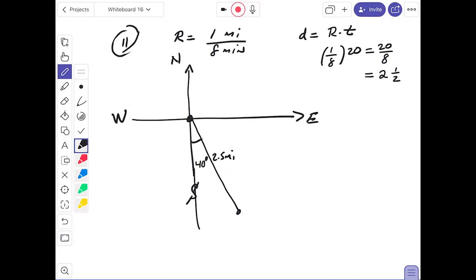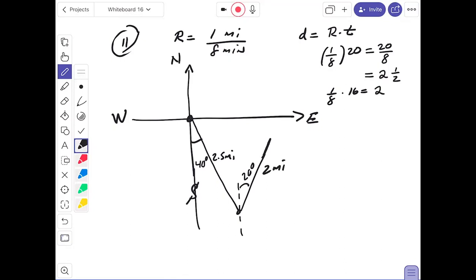So if that's true, north 20 degrees east. So this over here is 20 degrees. And they did that for 16 minutes. It's going to be 1/8 times 16, which should be 2 miles now. I'll put this over here.